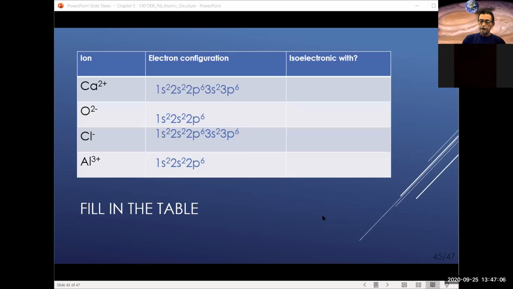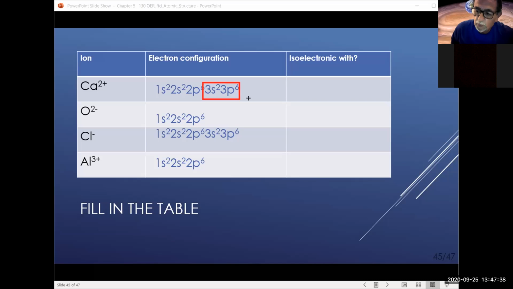By doing that, notice that the new valence shell has the octet fulfilled. For calcium ion, that is the new valence shell, the third energy level. The element's valence shell was at 4s2. Those 2 electrons are lost. Now I have the new valence shell, the next one in.